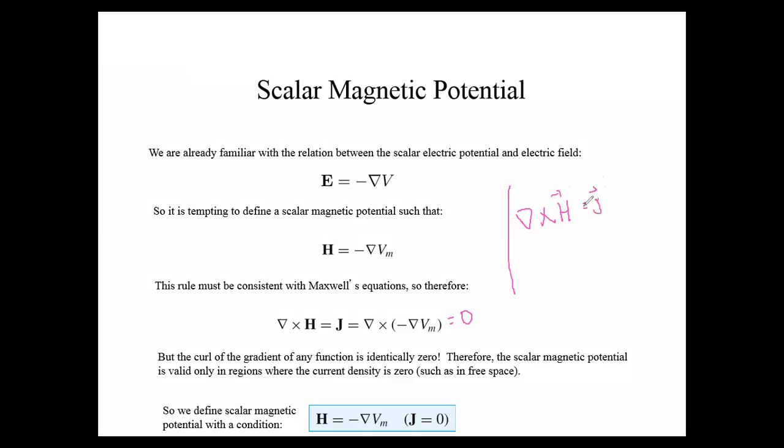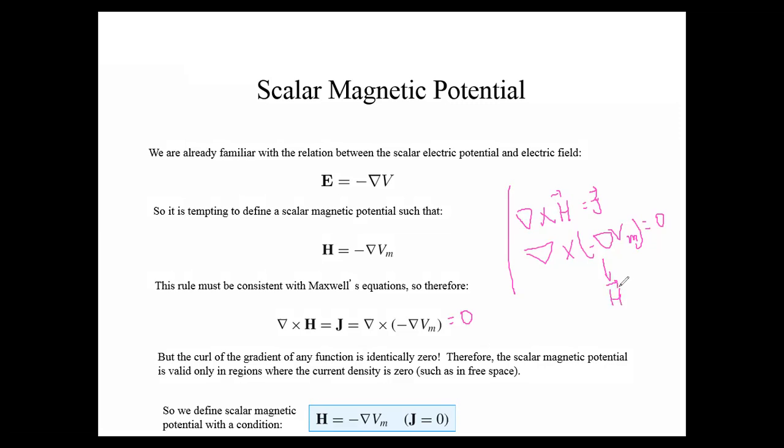And here, for this scalar potential, you are getting del cross del Vm is equal to 0. Yes or no? Then it's a real problem. And what you are writing, this minus del Vm, is what? This is nothing but H, because we have defined it here. Yes or no?